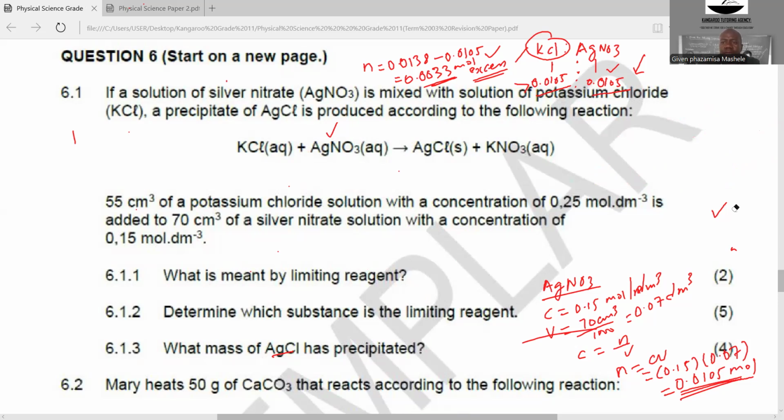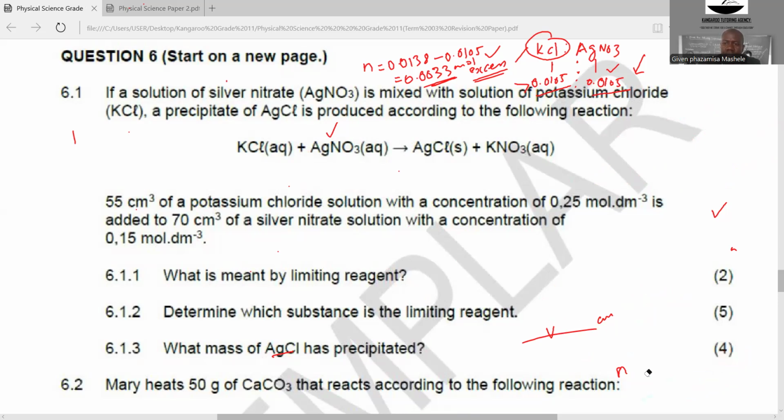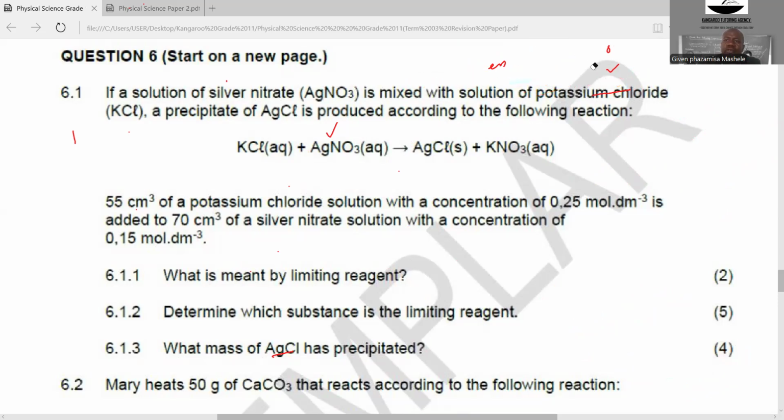Okay, then remember, if we found that silver nitrate is the limiting reagent, it means potassium chloride is in excess. It means it will not use all of its initial number of moles. Some will react, some will remain unreacted. It will be in excess actually.